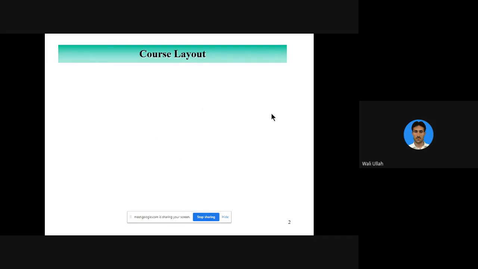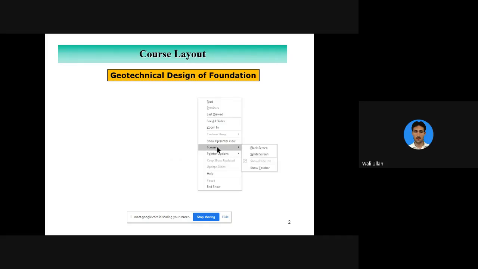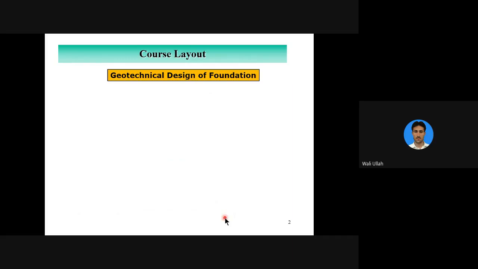This is how the course would be distributed. Geotechnical design of foundation, that is what we would basically do in this course. Geotechnical design of foundation requires 2 important considerations or criteria to be met.